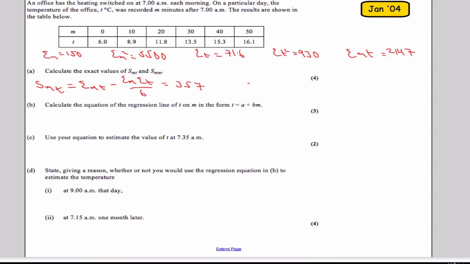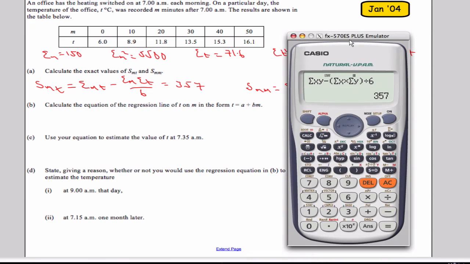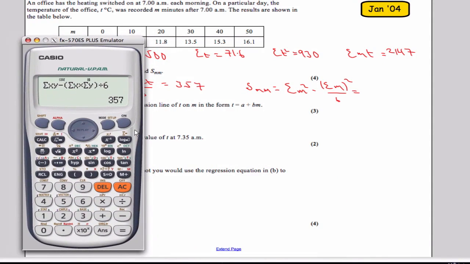I also need to find SMM, which is found by doing the sum of M squared minus the sum of M all squared over 6. Again, we can use a calculator to do this. Shift, stat, sum. I need sum of M squared, which is the same as sum of X squared, minus the sum of M squared.